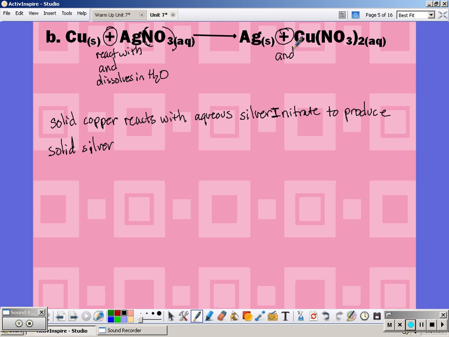So this is solid silver and aqueous copper nitrate. Now copper is a transition metal, so I need a Roman numeral. So I'm going to take that subscript and uncross it this time. So it is copper 2 nitrate.